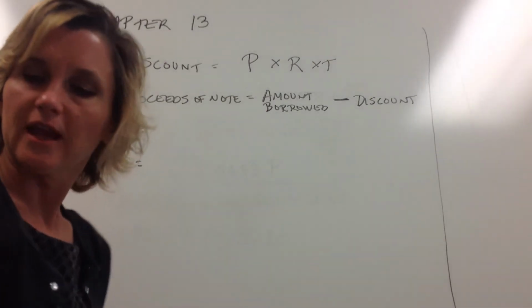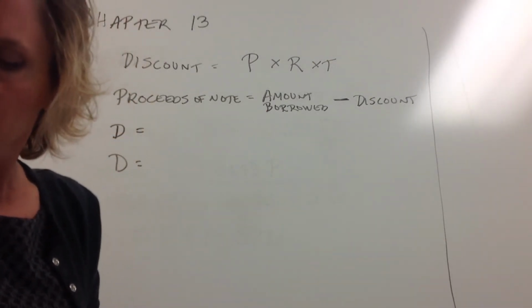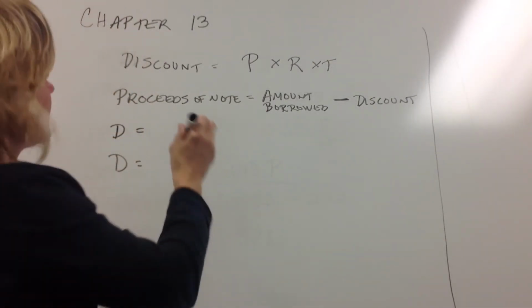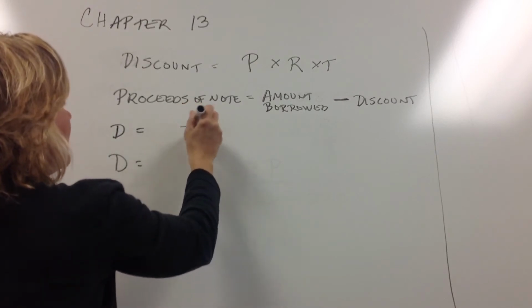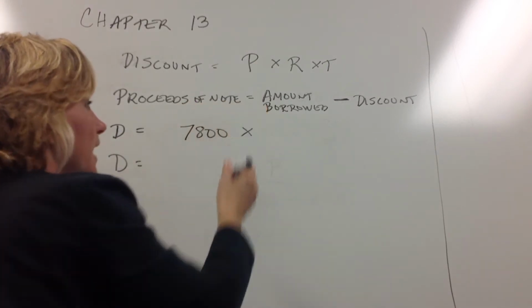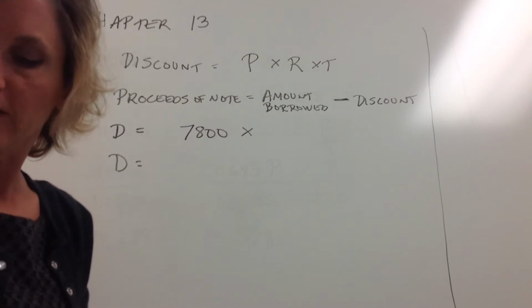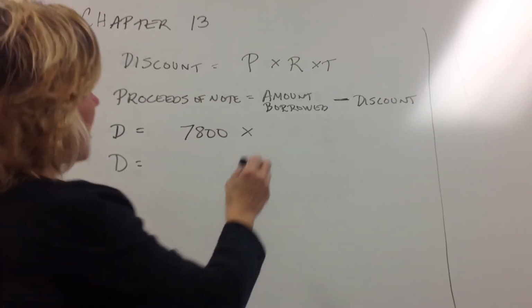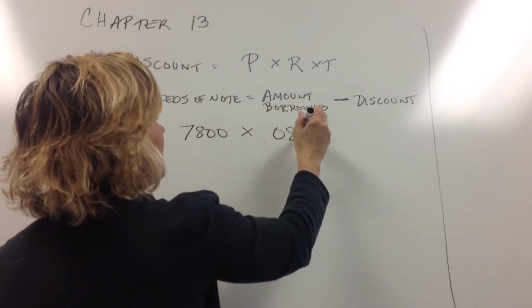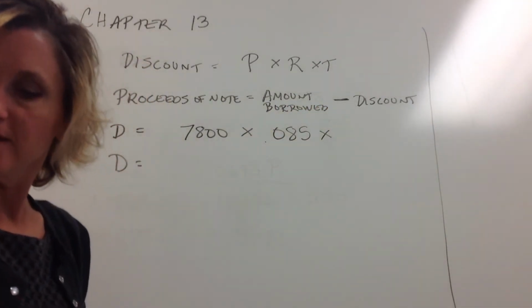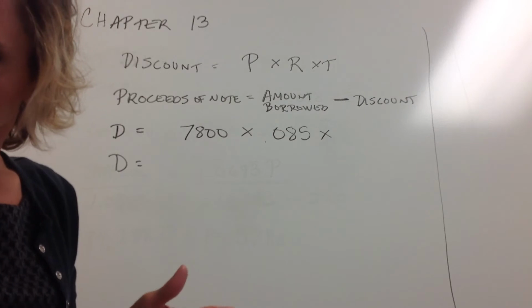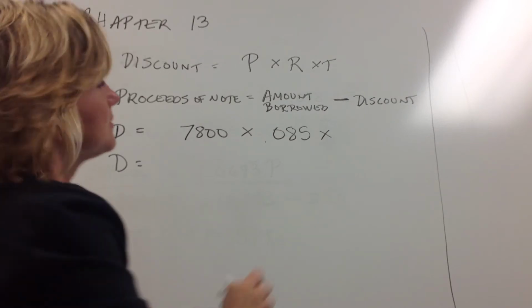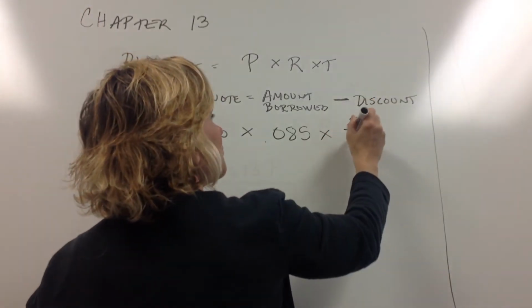The amount of discount that she's going to pay: she has $7,800 as the amount she's paying back, and that's the amount we're calculating the discount on. She has a discount rate of 8.5%, and a time of 8 months. So in this case, we can just put it over 12.